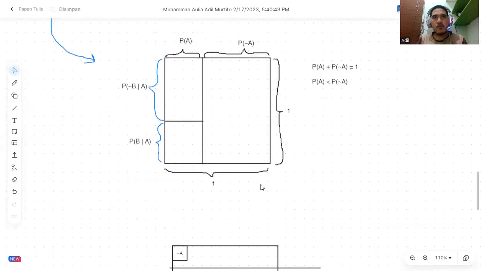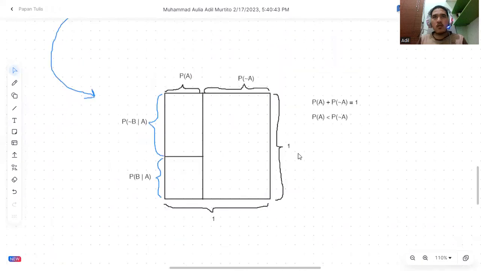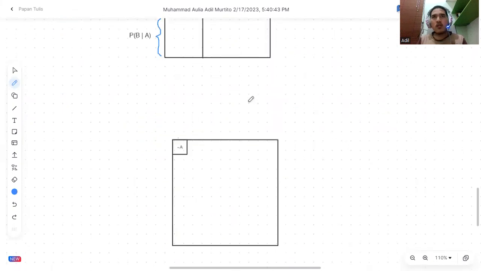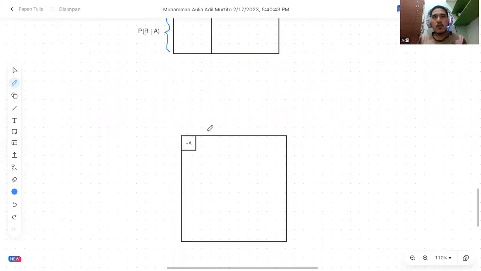The same idea could be applied for P(negation A).